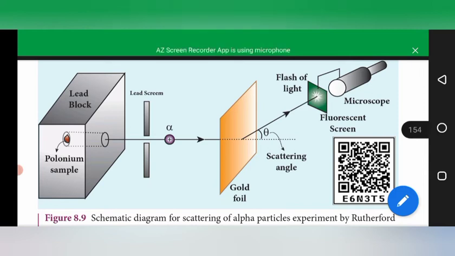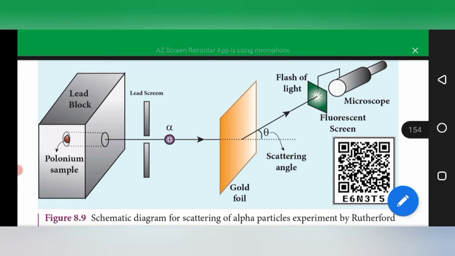After this, they are scattered at many angles that can be caught by a fluorescent screen. On the zinc sulfide fluorescent screen, it shows a flash of light. We have to observe through the microscope. So this is the experiment called the scattering of alpha particles.